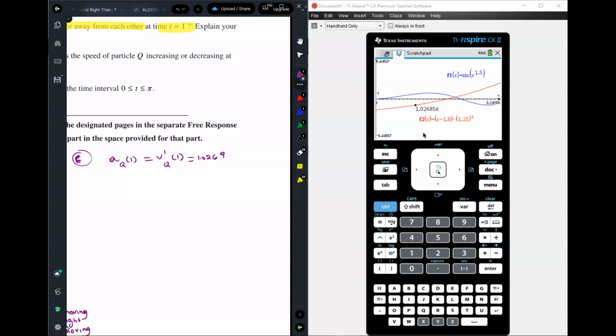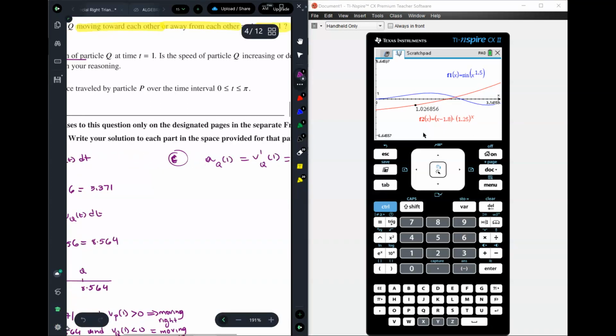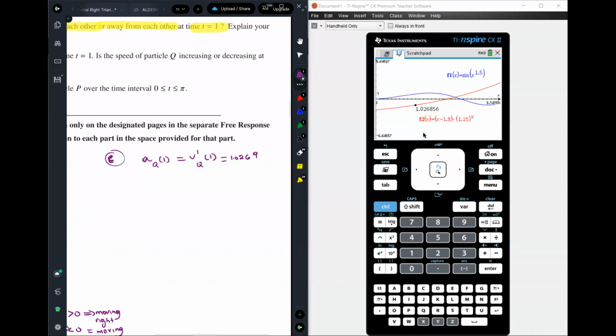Okay. So that's the acceleration. Then it says, is the speed of the particle increasing or decreasing? Meaning, is it speeding up or is it slowing down? Okay? And how do we figure that out? Right.